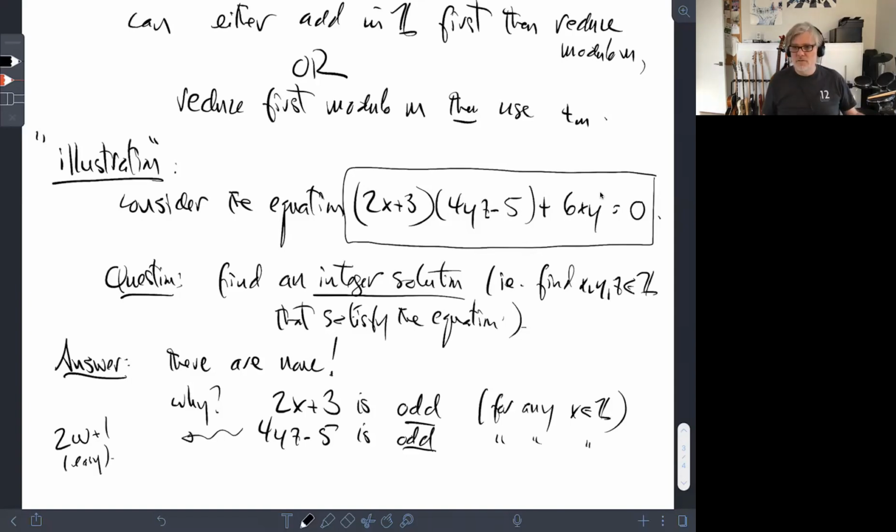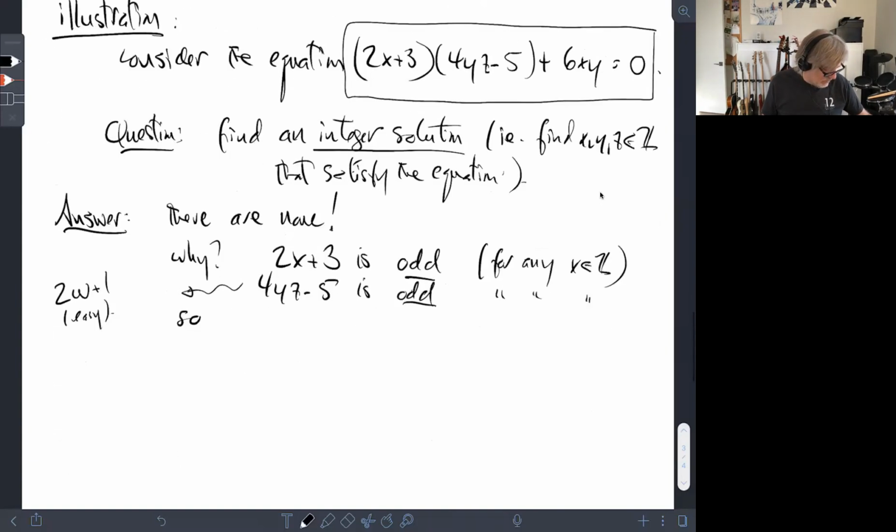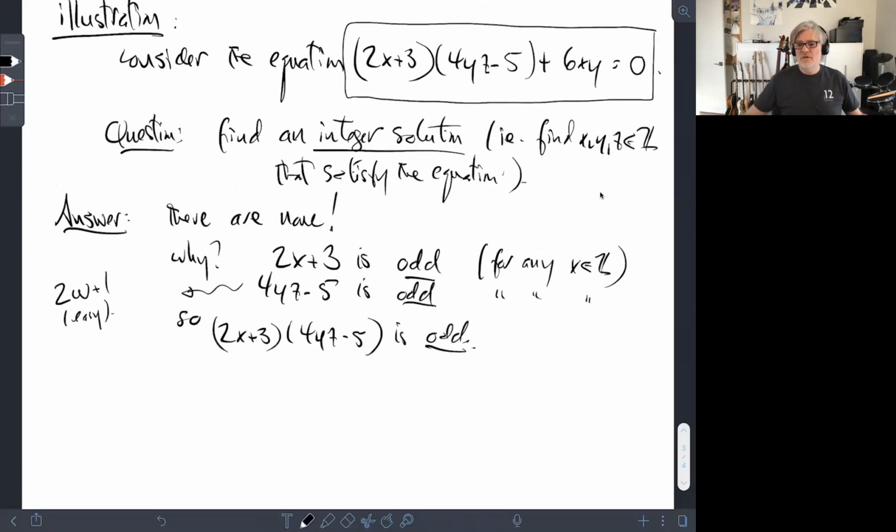Okay, you can rewrite it as 2w plus 1. Now, if you multiply 2 odd integers, what do you get? You get an odd integer. Okay, so 2x plus 3 times 4yz minus 5. Now you see where this is going. If you multiply 2 odd integers together, you're going to get an odd integer.